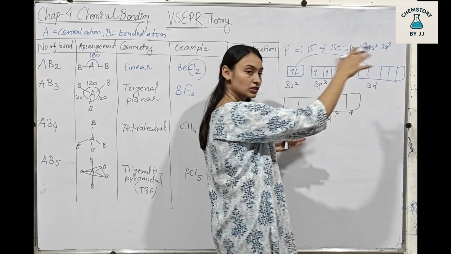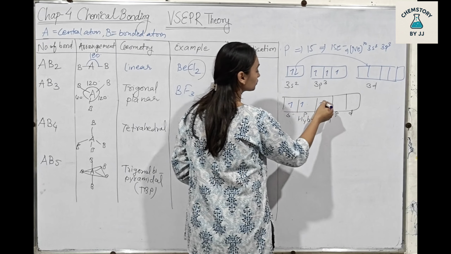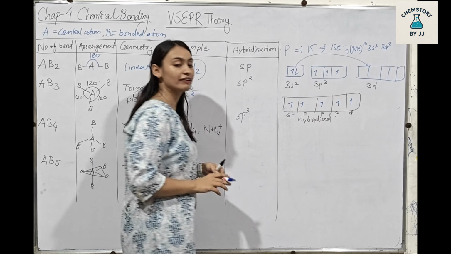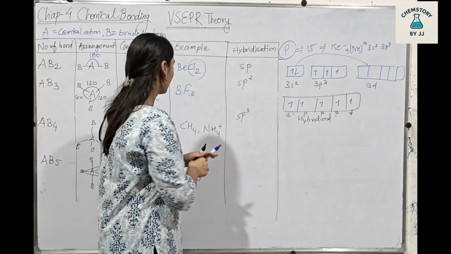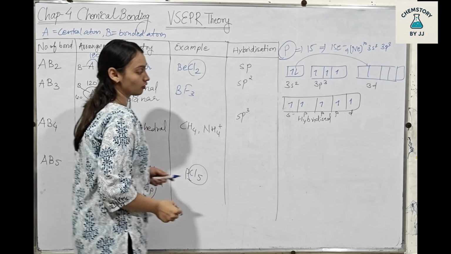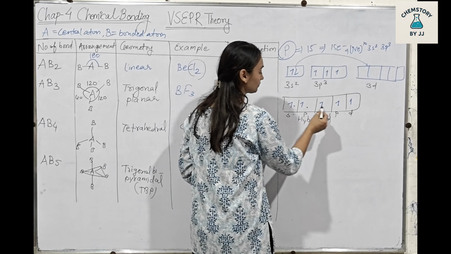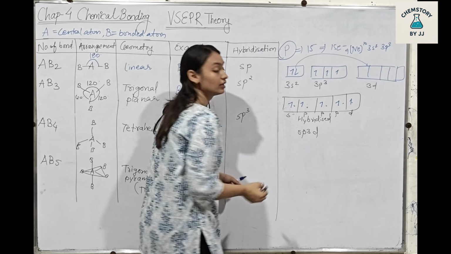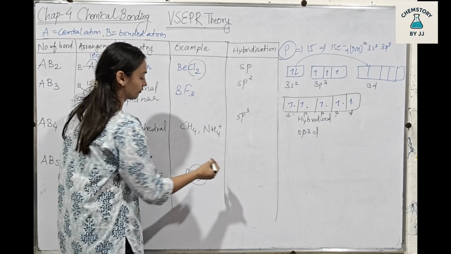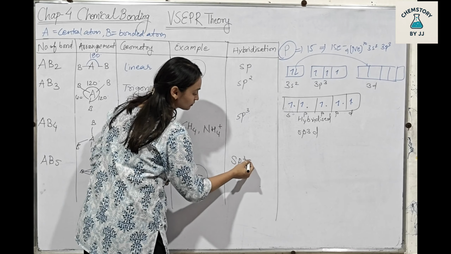This electron is going to come there. 1, 2, 3, 4, 5. 5 electrons are filled by phosphorus already, and here comes another 5 electrons of chlorine. So s, p3, and d, these 5 orbitals are getting involved. Hence, the hybridization would be sp3d.